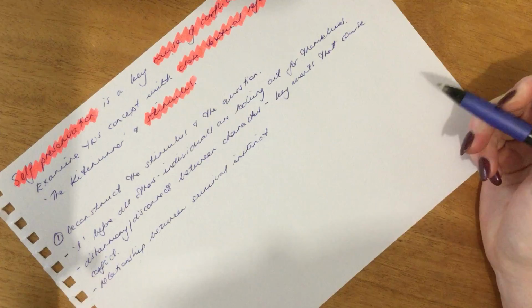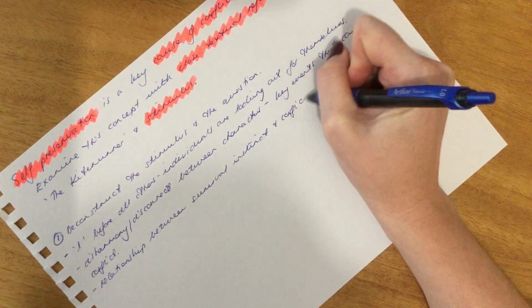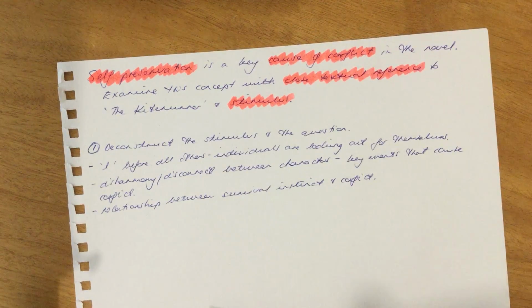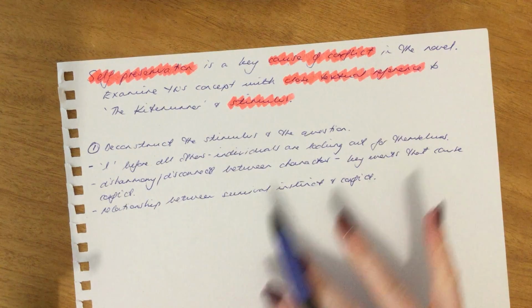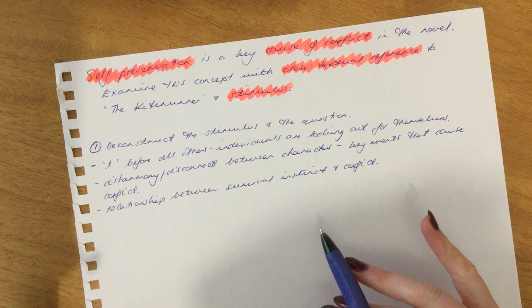So: relationship between survival instinct and conflict. And that would probably do you, I think, for a question like this, because it's quite broad. You don't want to overthink things. It's just those core ideas that come to you when you first read this question.